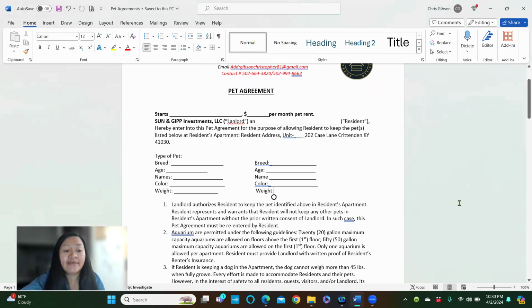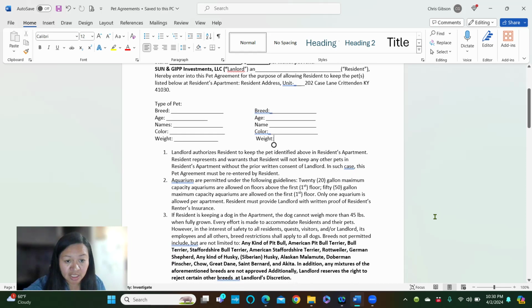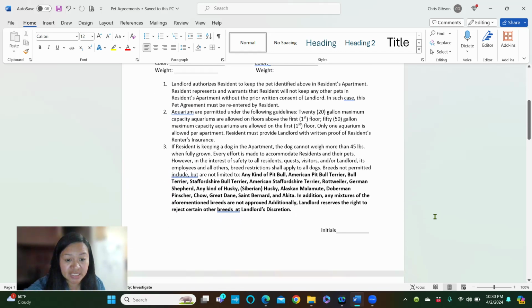With some pets, you cannot charge, especially emotional support animals, like a service dog, so you cannot charge a fee for that pet. That's one thing to consider if you can charge a pet fee. So here are all of the terms and conditions, up to number 17.